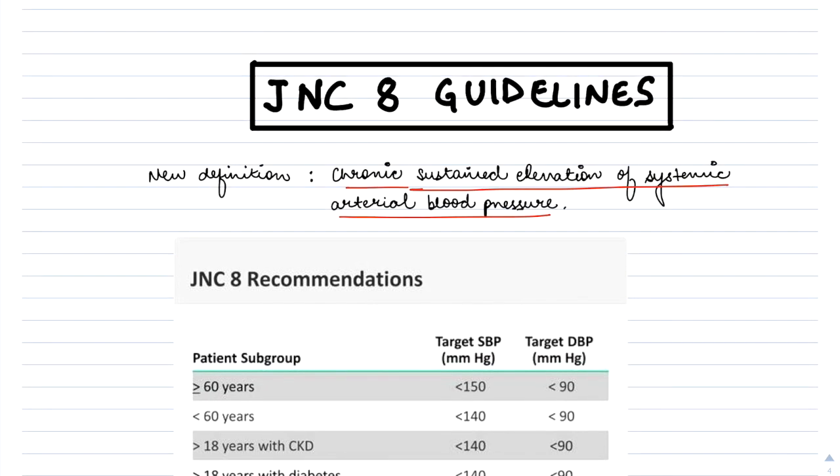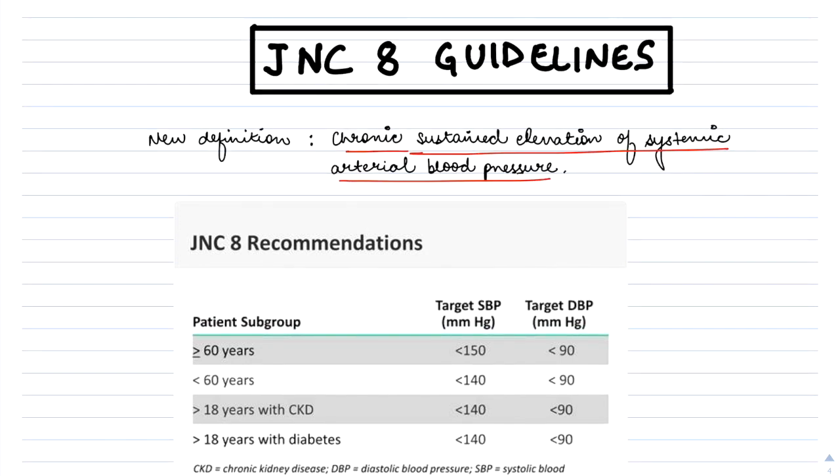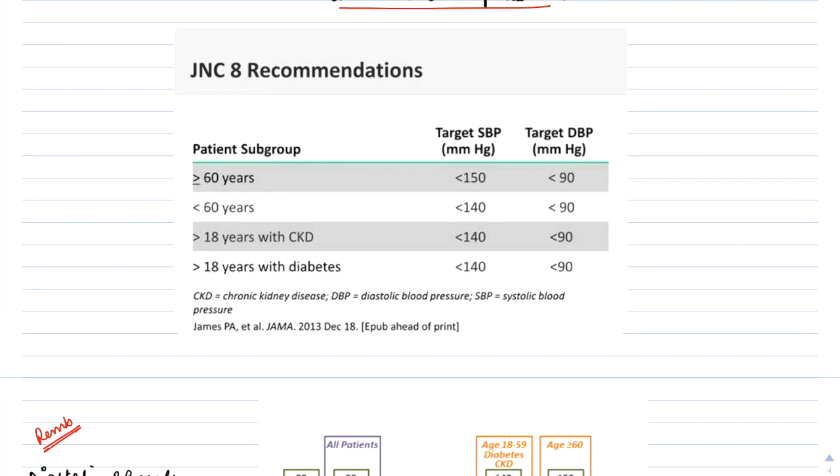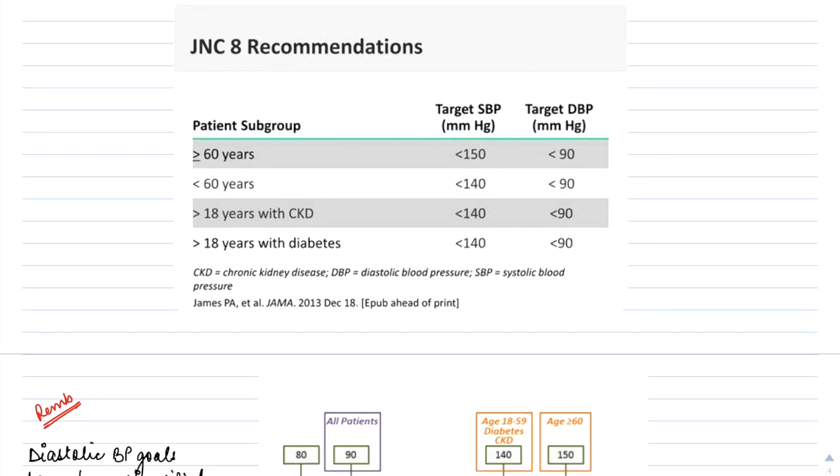That is, the Joint National Committee's eighth report says that high blood pressure or hypertension is defined as chronic sustained elevation of systemic arterial blood pressure, and the JNC8 has set different targets of systolic and diastolic blood pressure in different age groups, and those with CKD and diabetes, they have given a few recommendations for those as well.